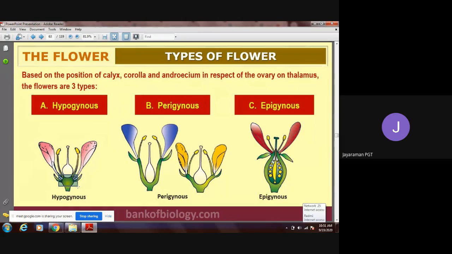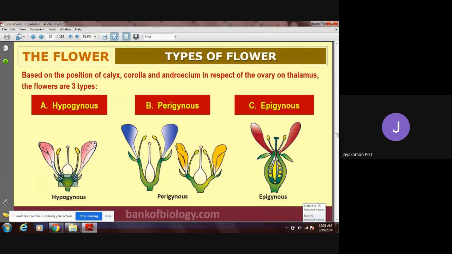So the term is hypogynous flower, and otherwise it is called a superior ovary. Don't get confused: superior ovary, hypogynous, epigynous, perigynous. When they are all mixed, you get confusion.